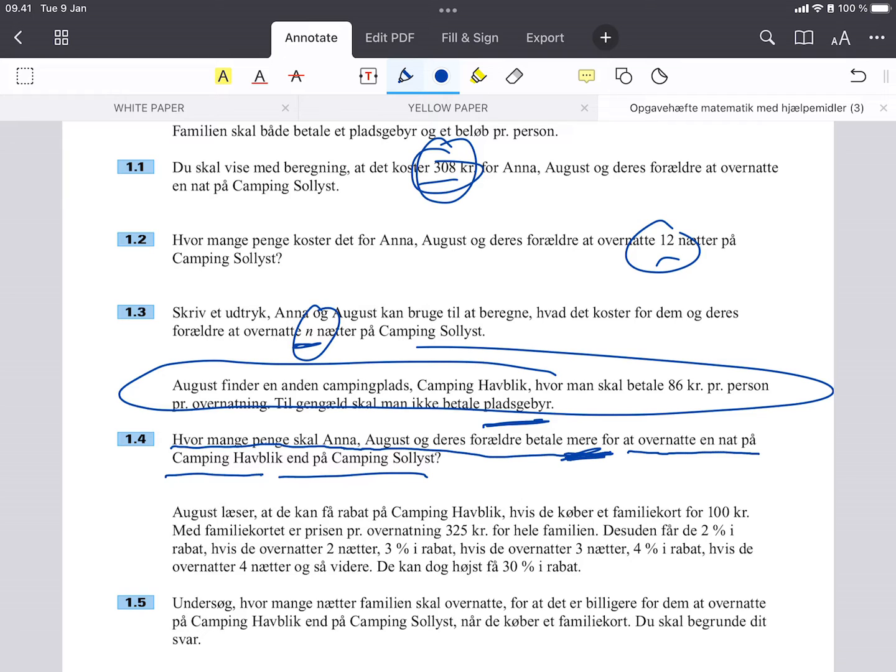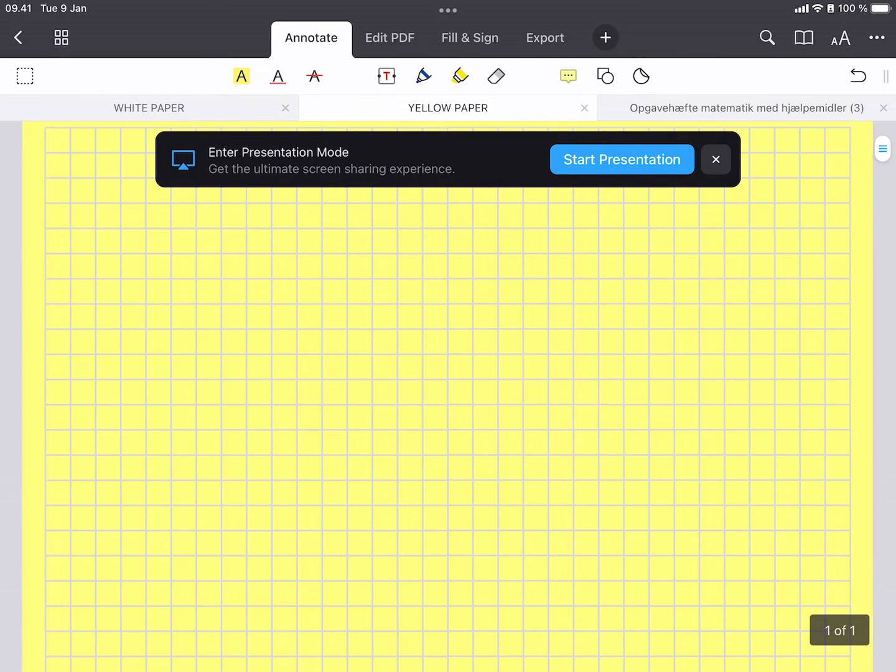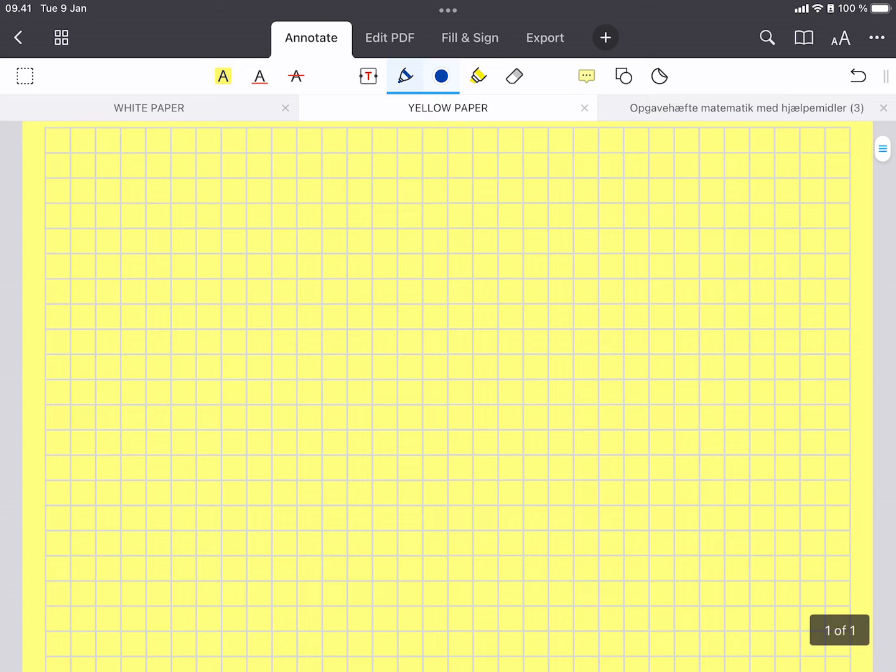So we've already established that it's costing them 308 per night at the present one. What would it cost for all of them at the other place? So at the other place it's 86 times 4 kroner, which is, can I do that in my head, 172, 344.